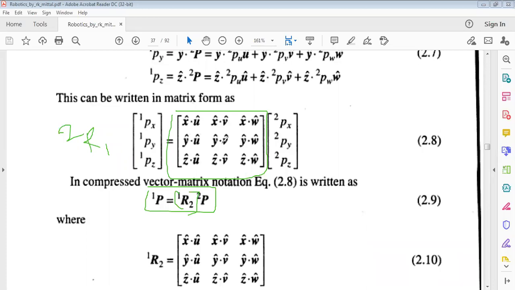In the second row, v bar x bar, v bar y bar, v bar z bar. Like that, we have to read this rotational matrix: frame 1 with respect to frame 2.